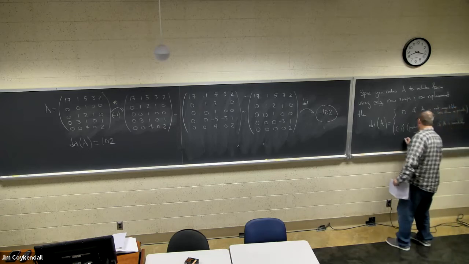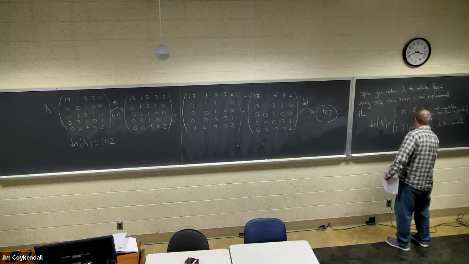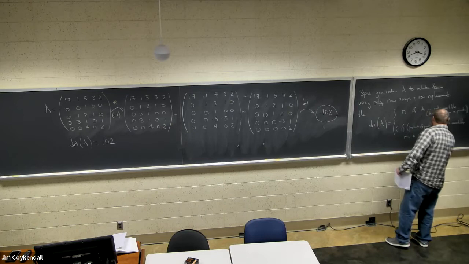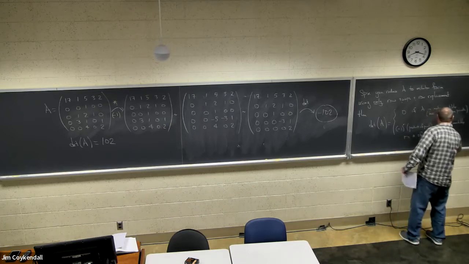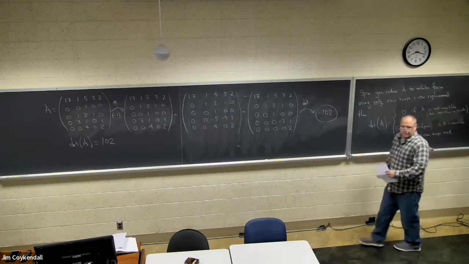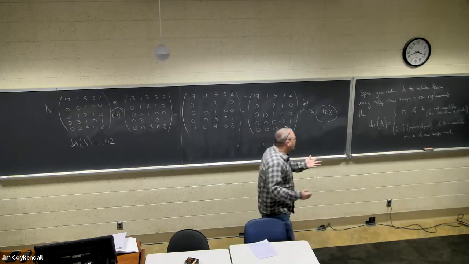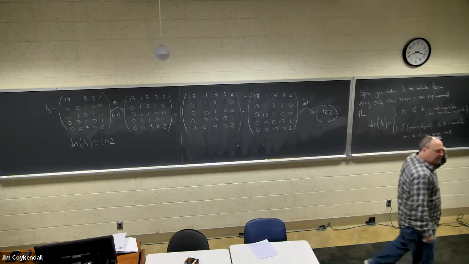And here R is the number of row swaps used. So this is a nice little compact formula, if you will.